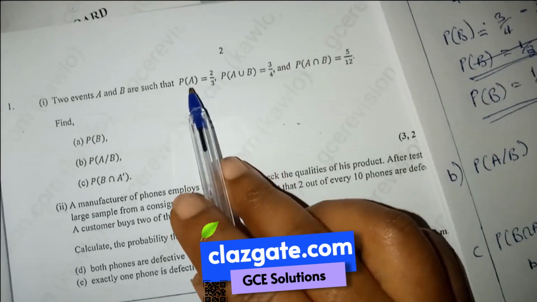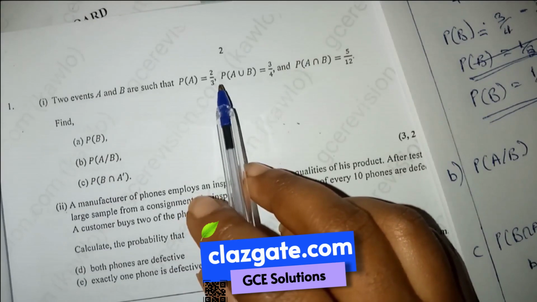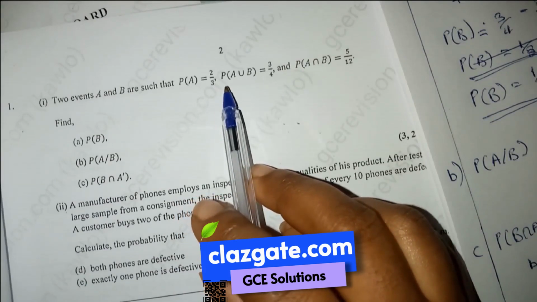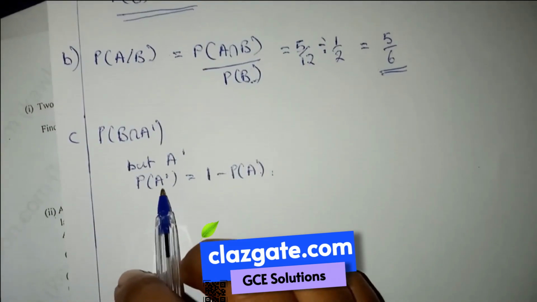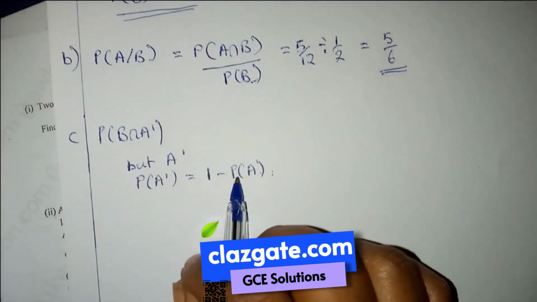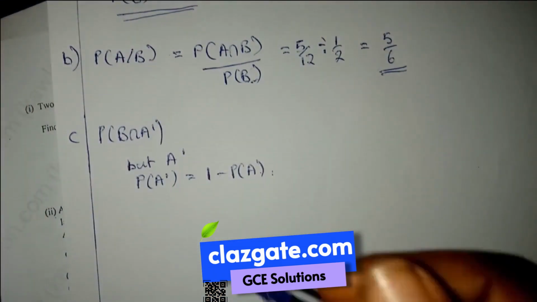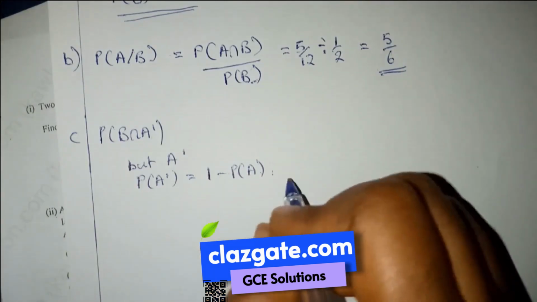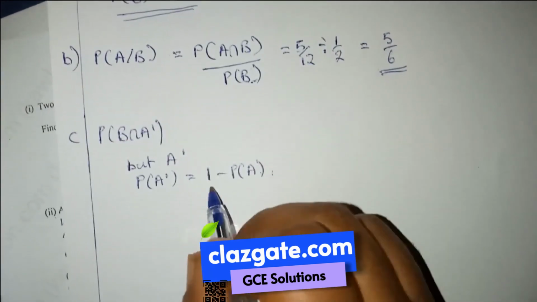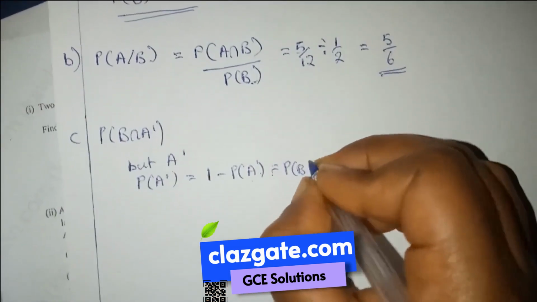We know that the probability of A complement is equal to 1 minus the probability of A. And how many events do we have here? We have 2 events, B and A. So if we remove A, we are remaining only with the event B.